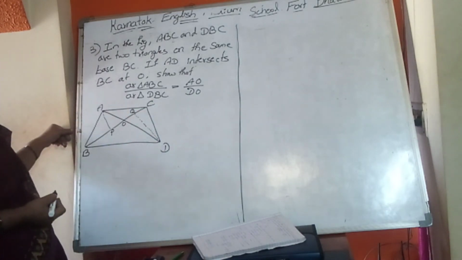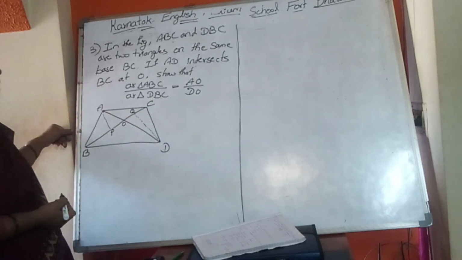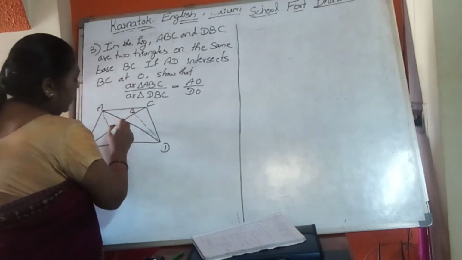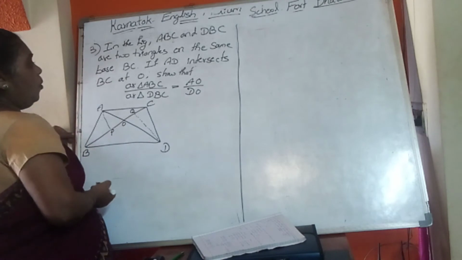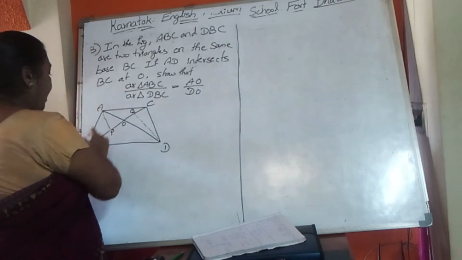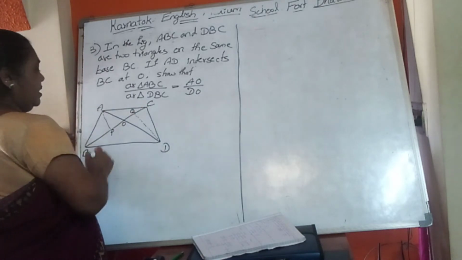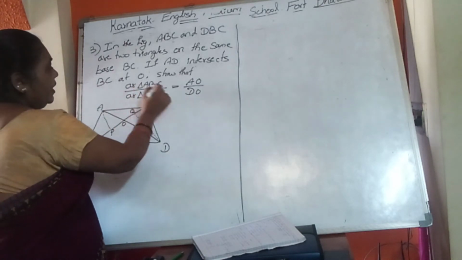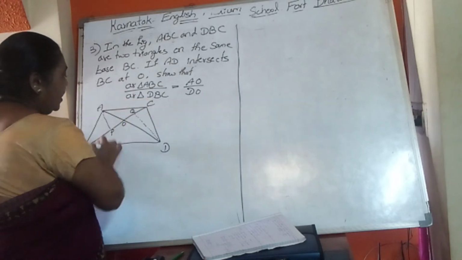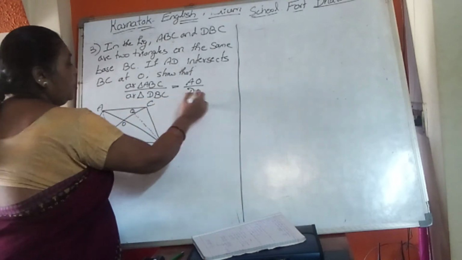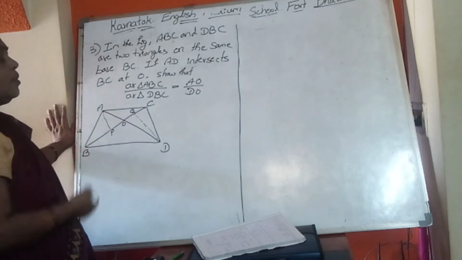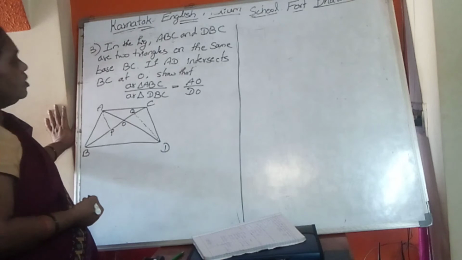If AD intersects BC at O, then show that the ratio of the area of triangle ABC to the area of triangle DBC equals AO upon DO. You prove this. How? It is very easy.